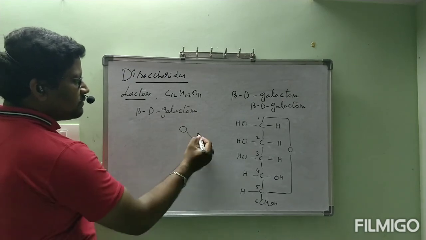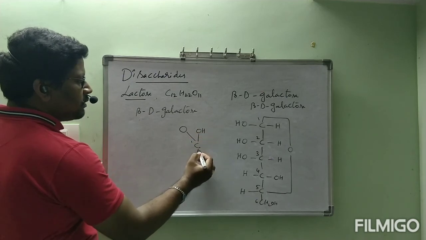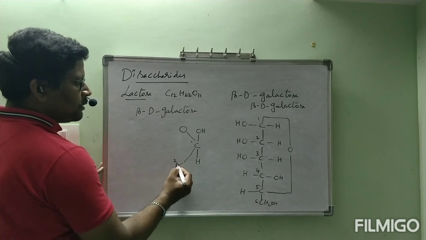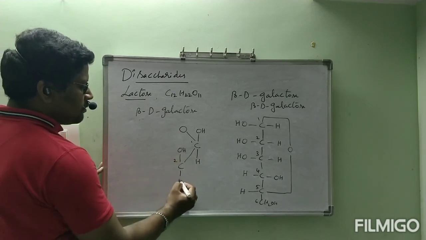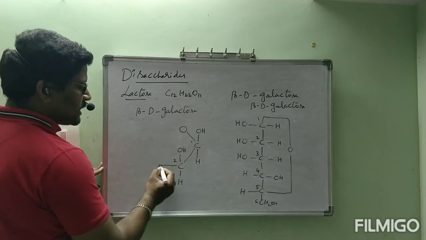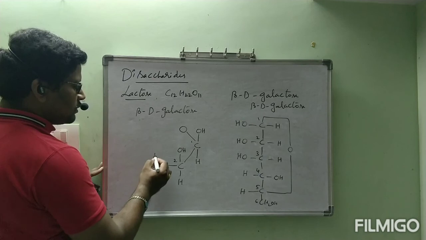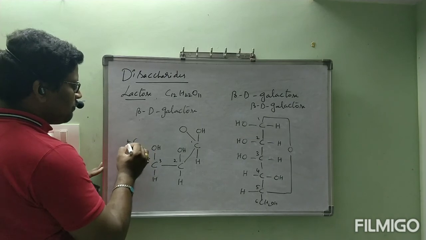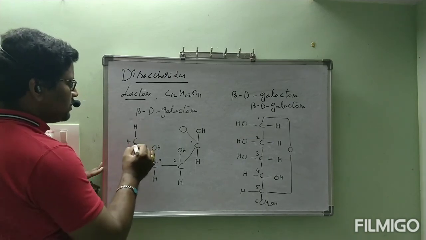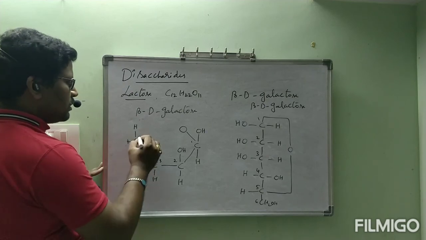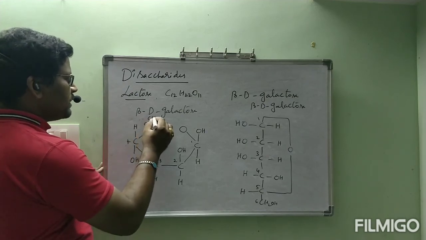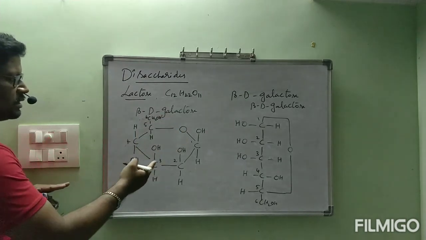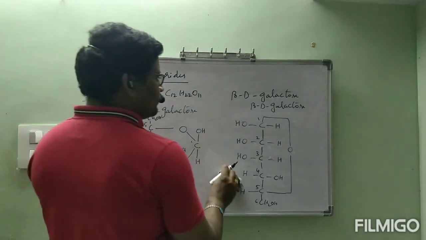Right side first carbon means above OH, below H. This is bonded to second carbon, above OH, below H. Next, this second carbon is bonded to third carbon, above OH, below H. Third carbon is bonded to fourth carbon, above H, below OH. This is bonded to fifth carbon. Every time this fifth carbon contains CH2OH above, H, this is bonded. This is beta D galactose. Rub this one.